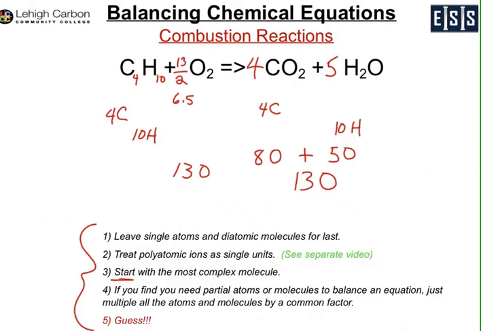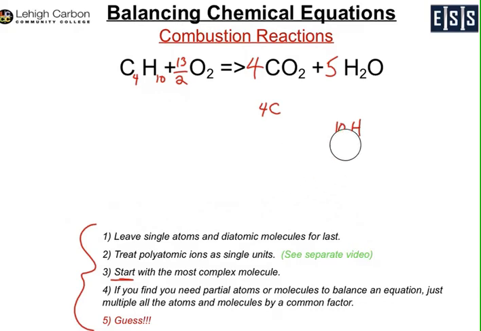Now, you should be aware our coefficients on all our molecules here have to be whole numbers. So if we bring in rule number 4 down here: whenever we end up with partial atoms or molecules or needing partials, then a way to get a balance is to look at the entire equation and try to use a common factor of multiplication.